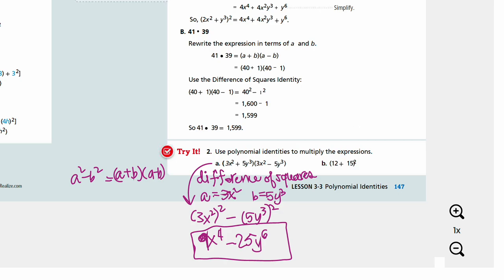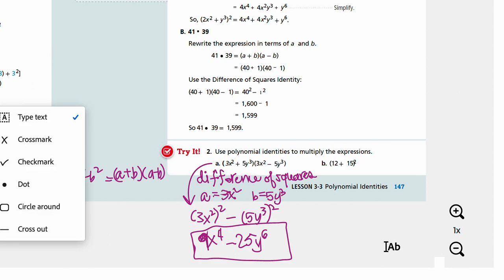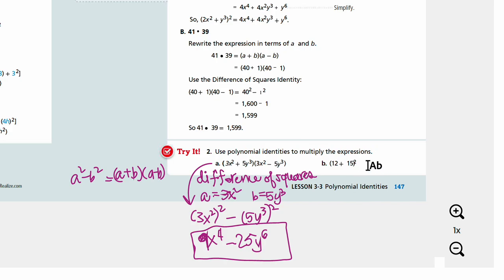Okay, and look at part B. This is 12 plus 15 squared. And how can you rewrite this with a form that you may be able to write? Can you write this as difference of squares? I think you can also use difference of squares for this one as well. How can we rewrite using a and b that are the same numbers?